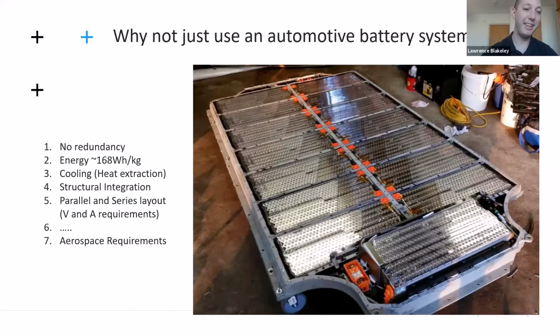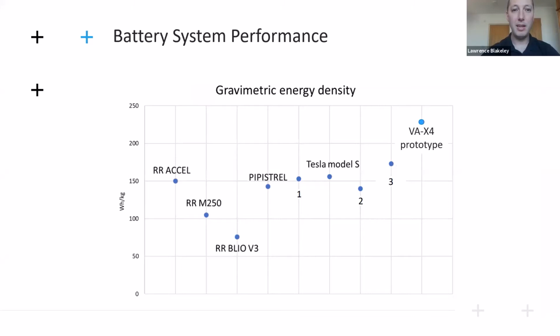And then obviously it's not aerospace certifiable, it's only automotive. So where does that leave us? So Tesla, the Model S, which is what my numbers are based on, is looking at about 168, I think I said, watt hours a kilogram.